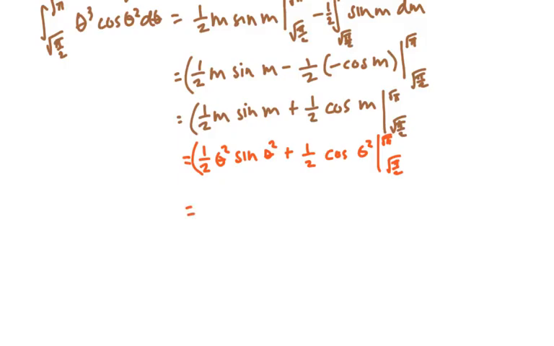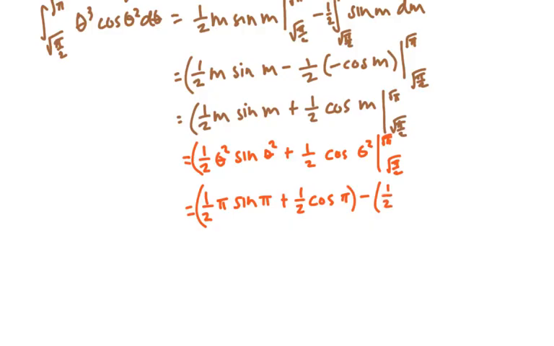So this gives us 1/2. And when we plug in pi, the square root of pi squared is pi, times sine of pi, plus 1/2 cosine of pi, minus, it just looks scary, 1/2.